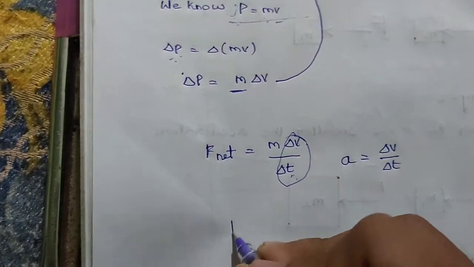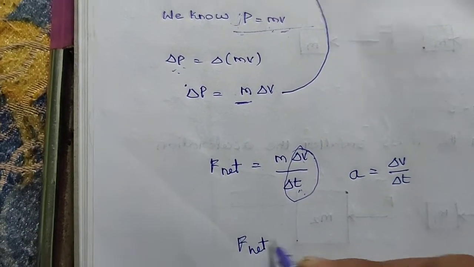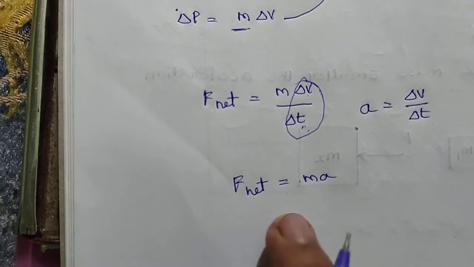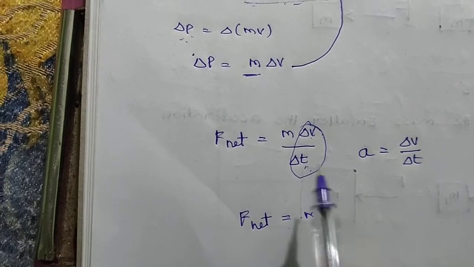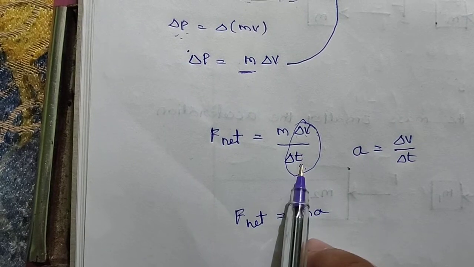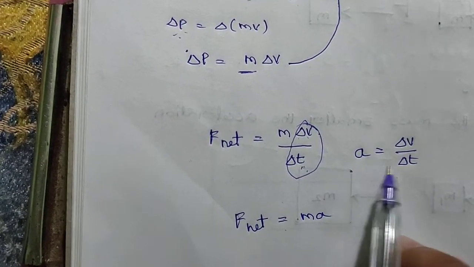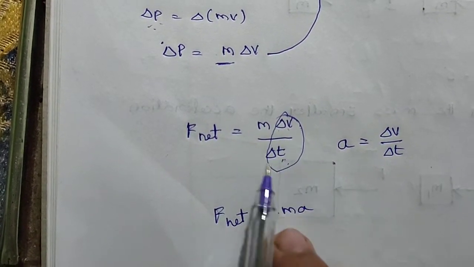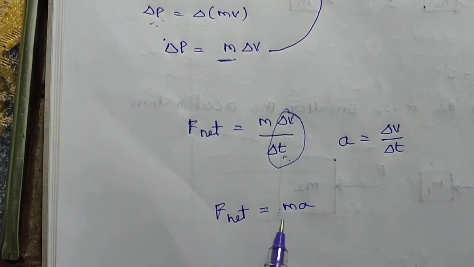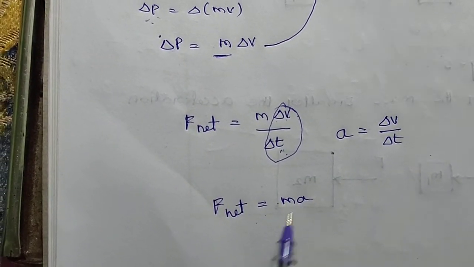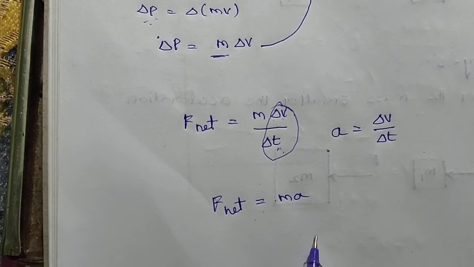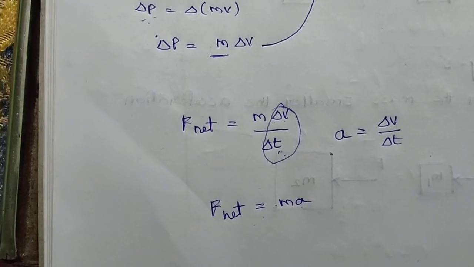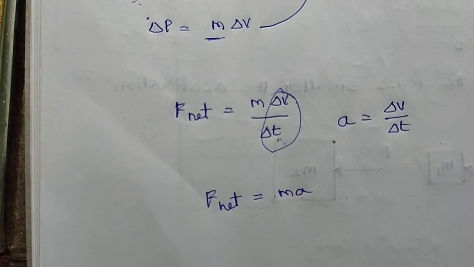Right, I can write a. So I have the final equation F net is equal to ma, because change in velocity per change in time is nothing but my acceleration. So I am substituting acceleration in terms of this, and I will get F net is equal to ma, which is force is equal to mass into acceleration. So this is about the second law equation derivation.